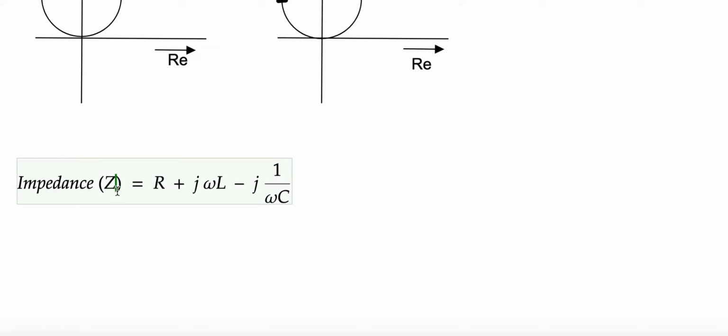Then what about the admittance? Admittance is simply the reciprocal of impedance. Admittance Y is 1 by Z, so nothing but 1 upon this part.